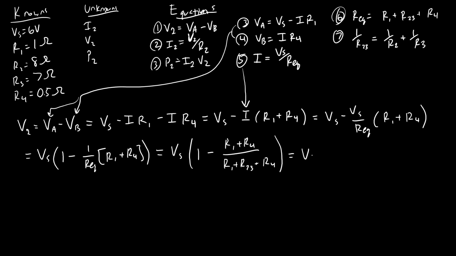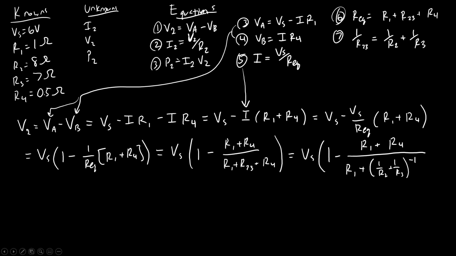So that's going to be Vs times 1 minus R1 plus R4 all over R1 plus R23, which, if we substitute in equation 7, is 1 over R2 plus 1 over R3 to the minus 1 plus R4. So there we go. I have a single giant equation that should give me V2.